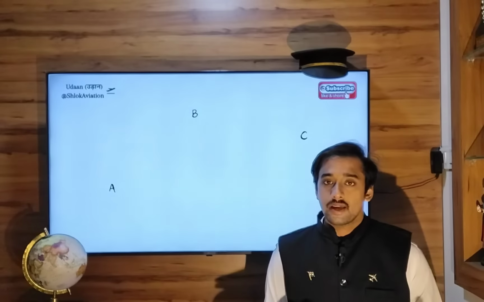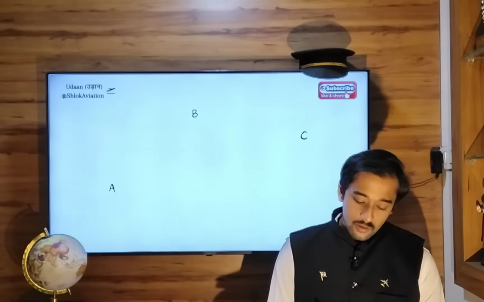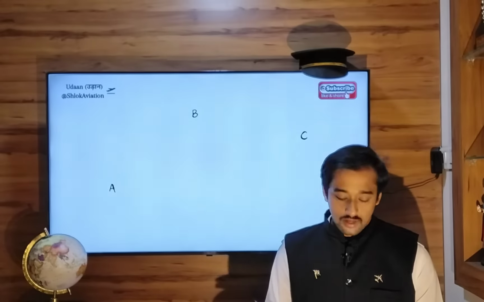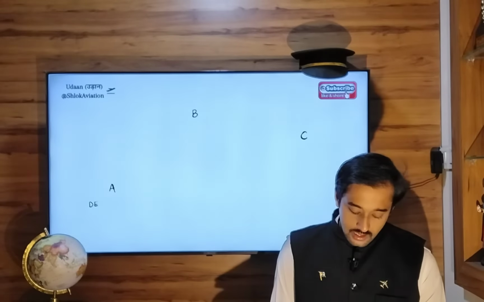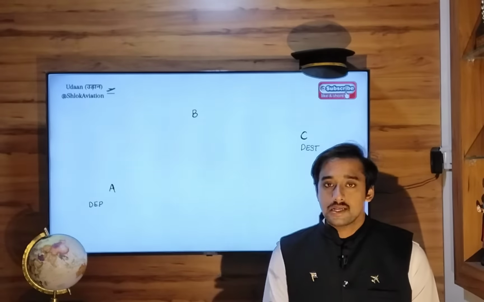When you start flying in IFR, we basically do this. If I want to go from A to B, B to C, A is the departure, C is your ultimate destination.